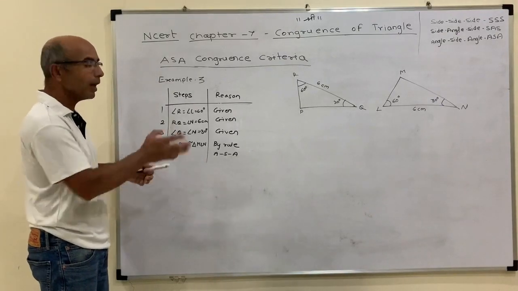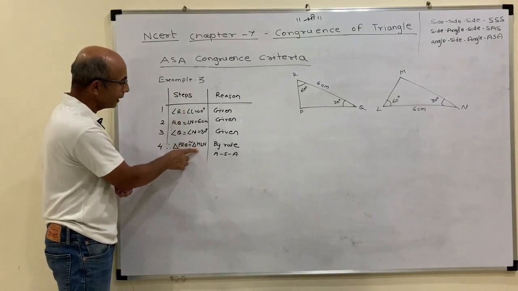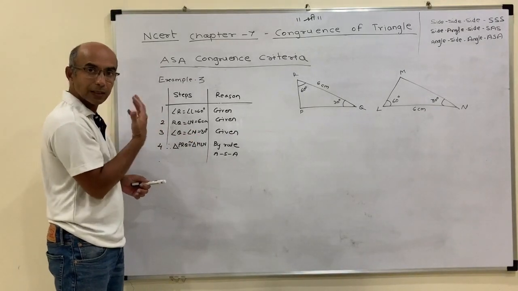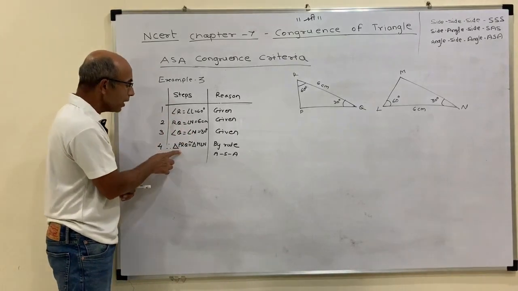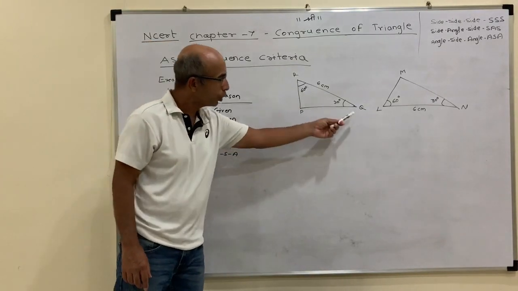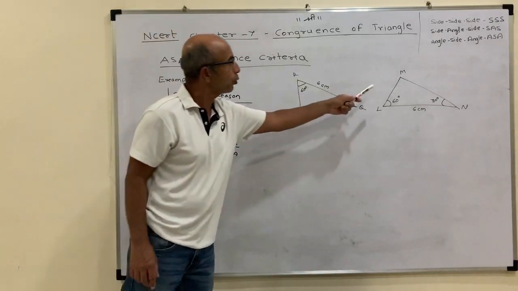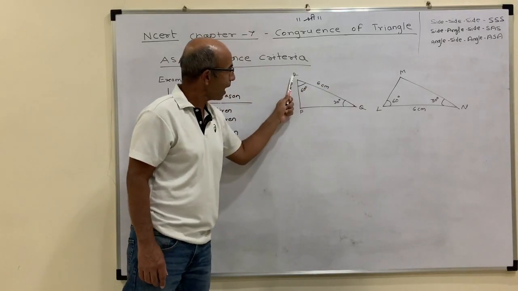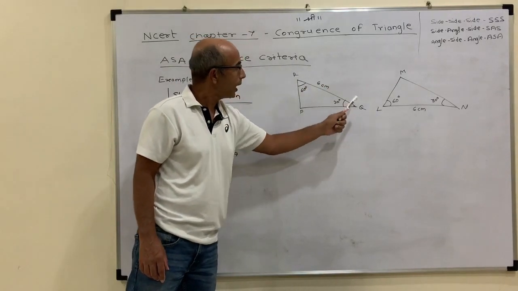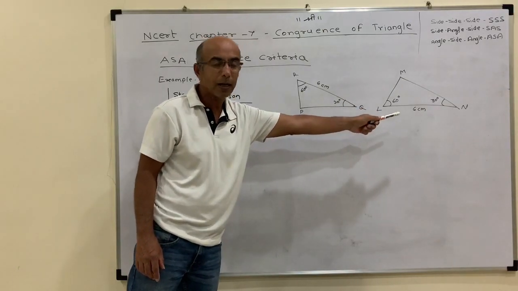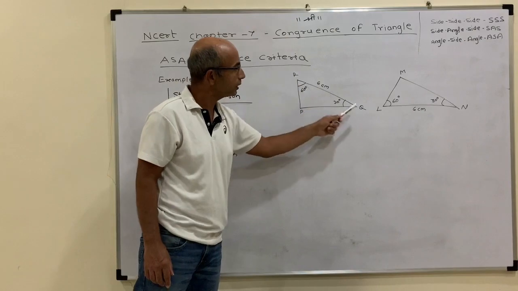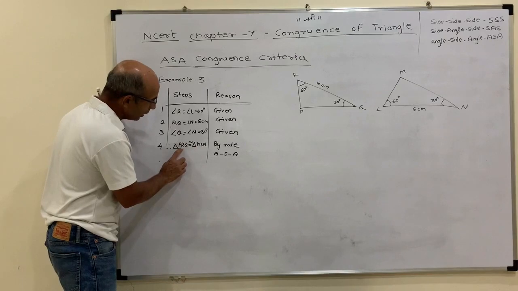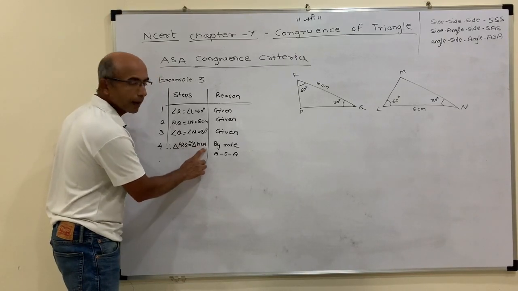You can't just write the name of the triangle any way you feel like. So PRQ corresponds to MLN: P to M, angle R to angle L, angle Q to angle N, and side RQ to LN.